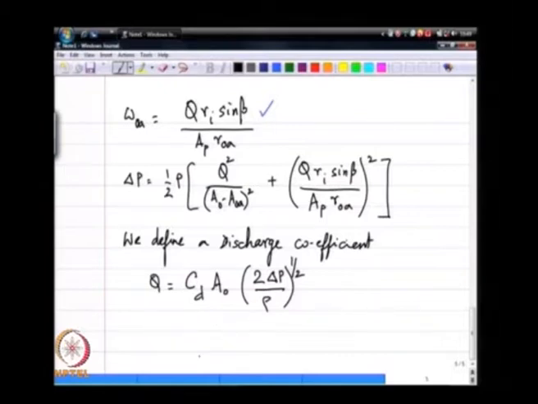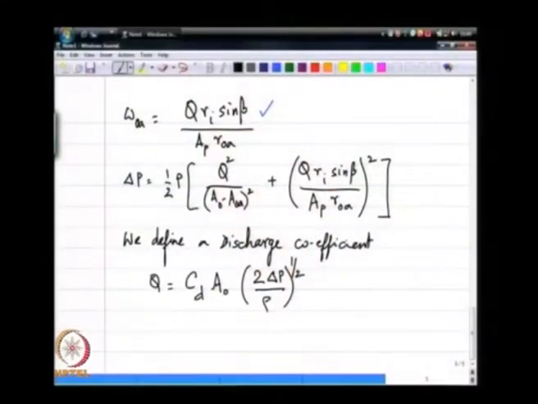So, we are defining this discharge coefficient as though we have no swirl, it is just flow through an orifice. When I substitute Q from this expression into the equation for delta p, after just a couple of simplifying steps, we find this.